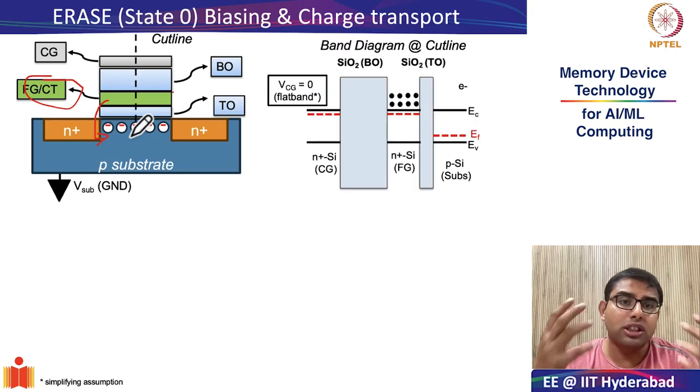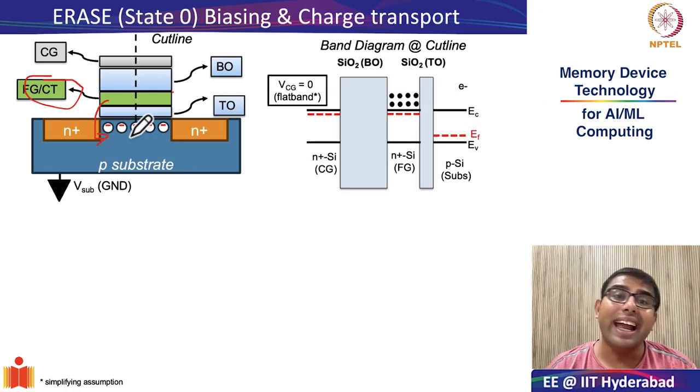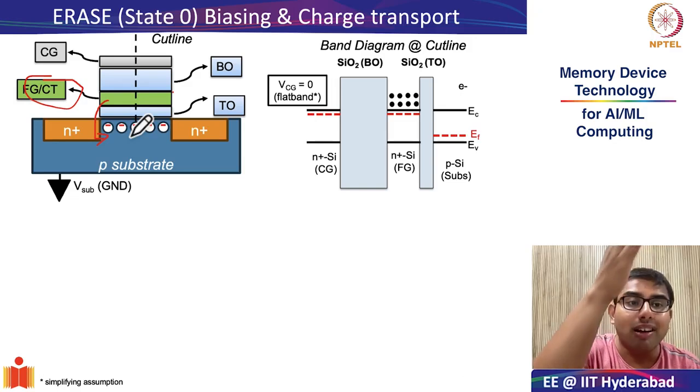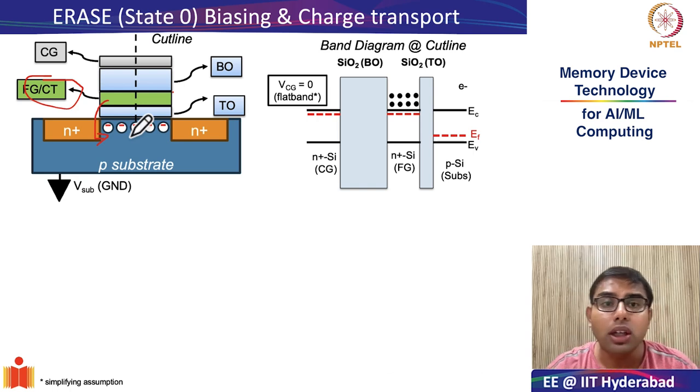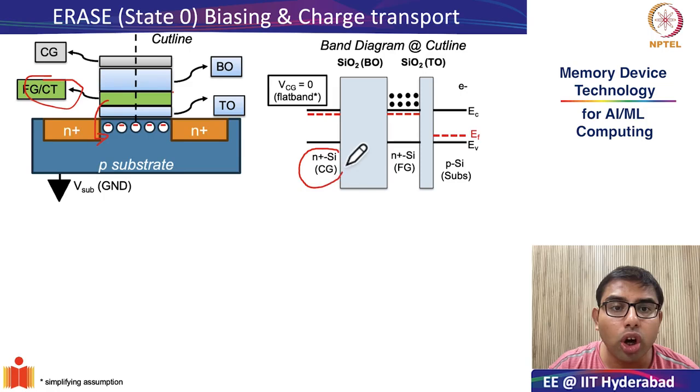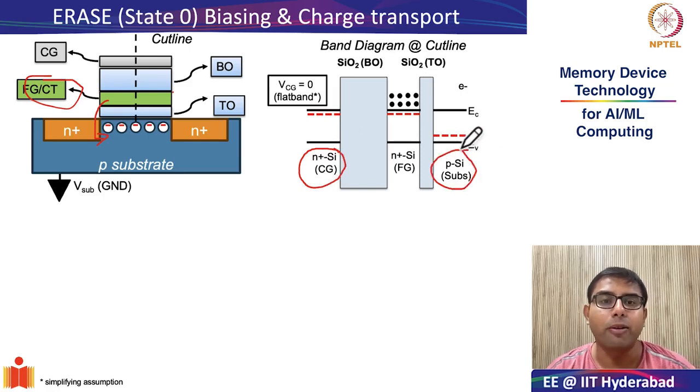To do that, for the sake of thoroughness, let's again try to draw the band diagram at the cut line. Remember, the cut line was a cross section across the floating gate terminal, and we will plot the band diagram across this. So remember, one side was your control gate, the other side was your p-type substrate.